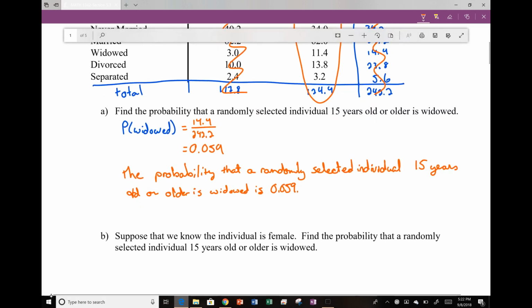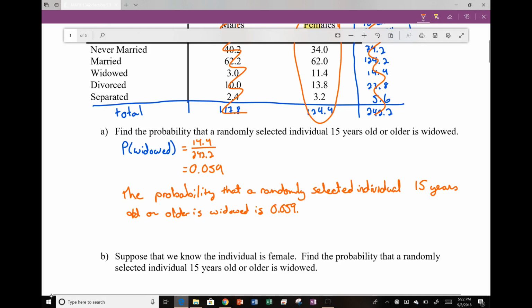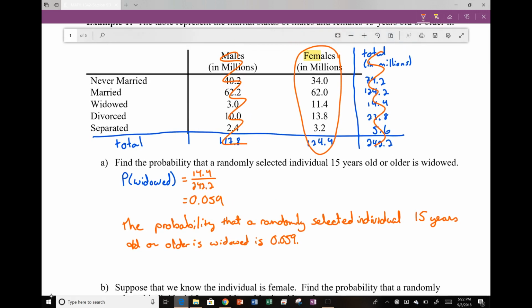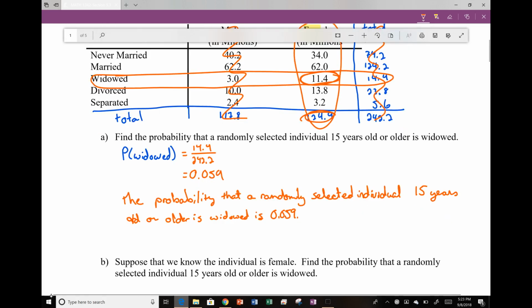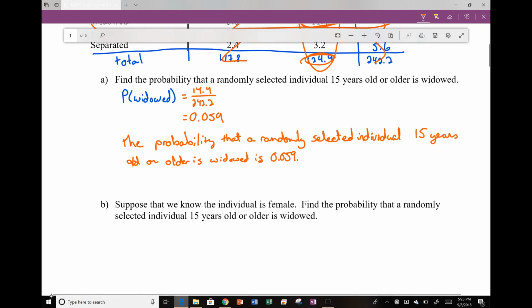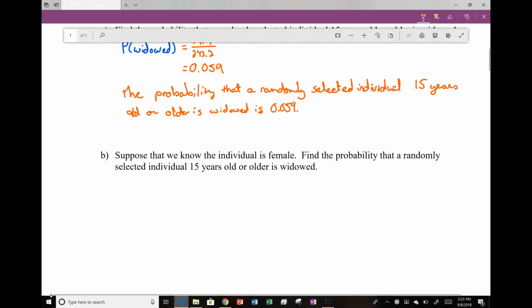We know that the individual is female, find the probability that a randomly selected individual 15 years old or older is widowed. So when we're talking about widowed now, we're talking about only this part right here out of the total 124.4 million females.